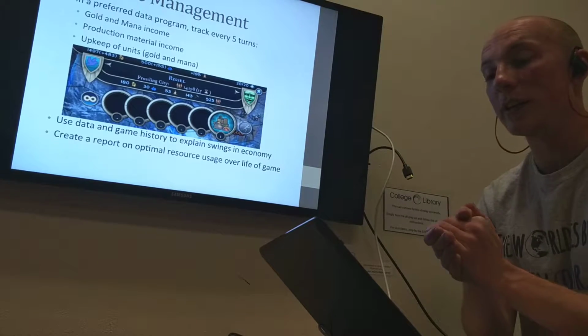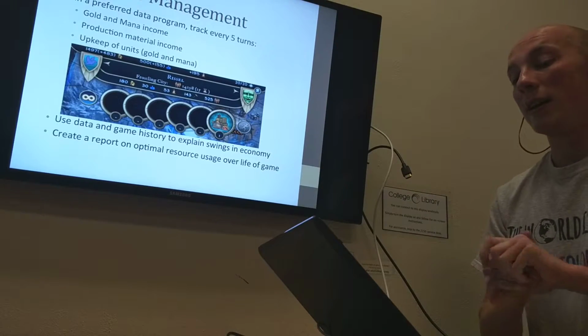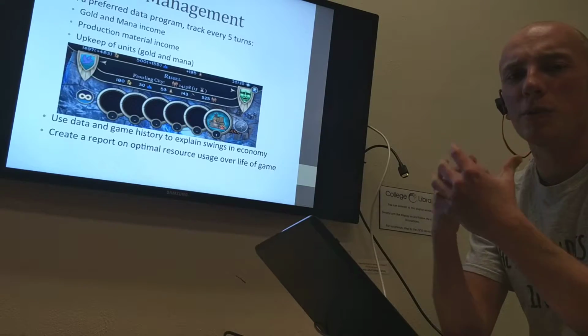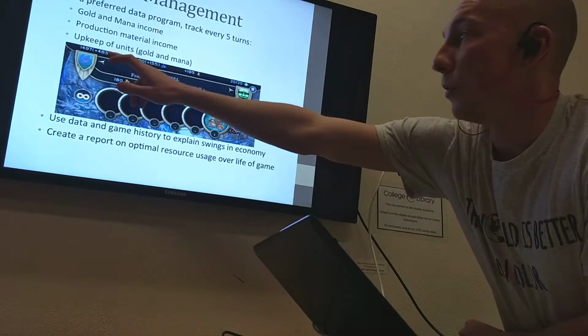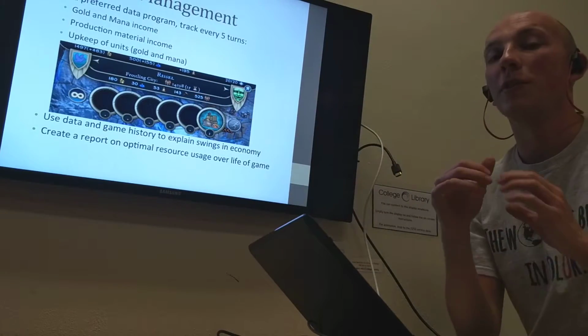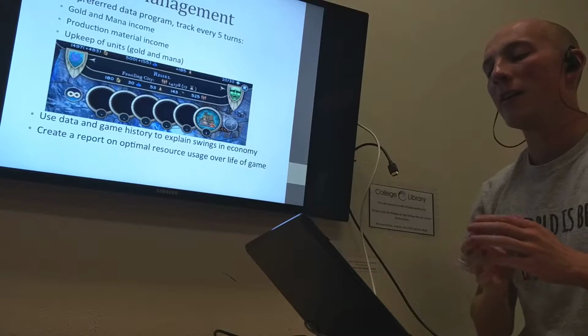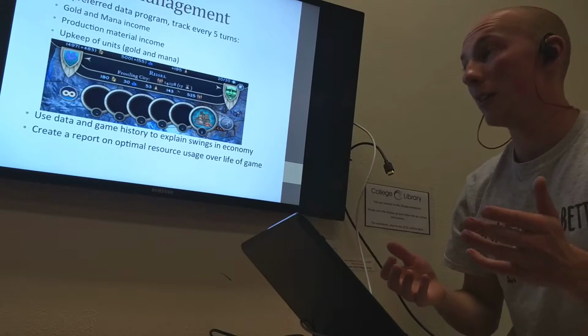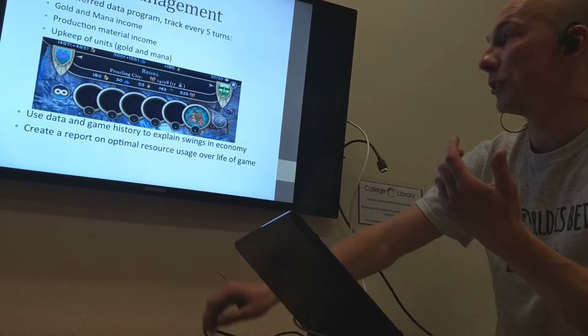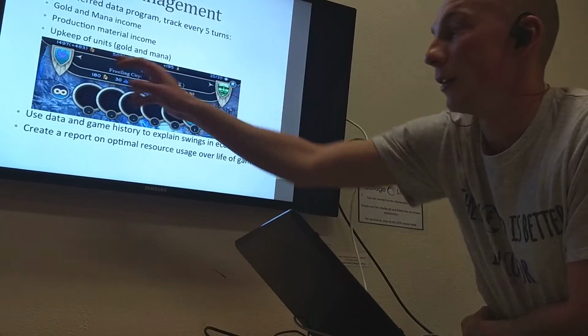So assignment 1 is resource management, and what I mean by this is that students will, every 5 or so turns, track the gold income, mana income, and production income they get from cities as well as empire-wide, and then also track the upkeep they have in keeping units or upgrades, which can be seen through the net value here.